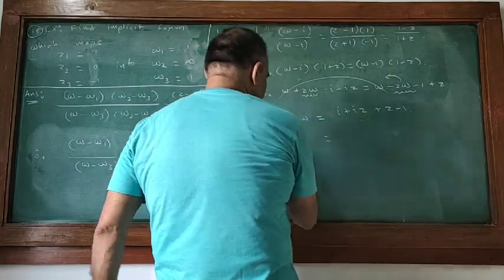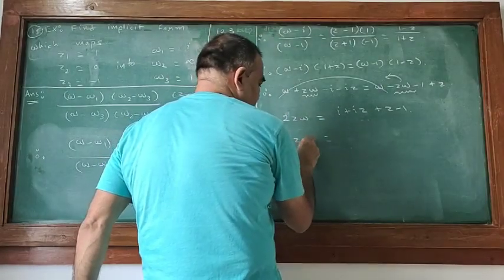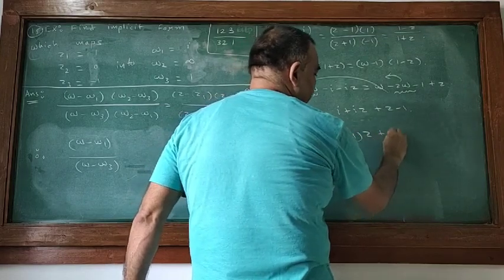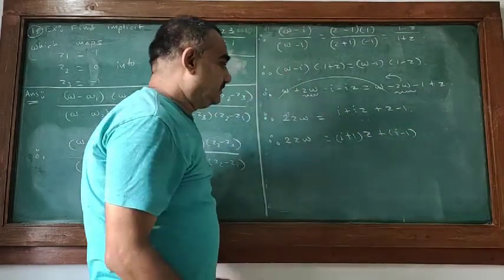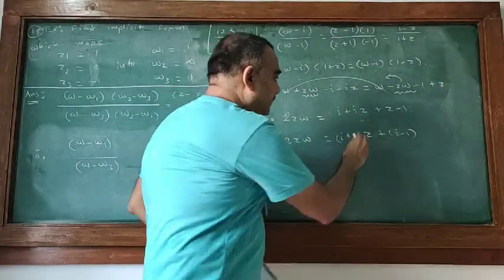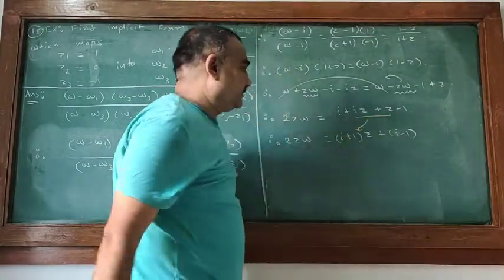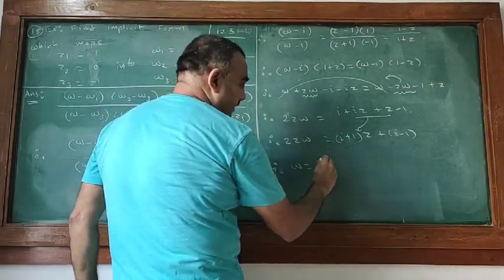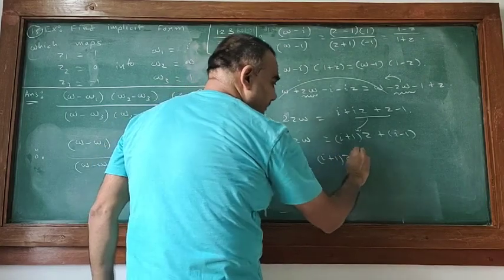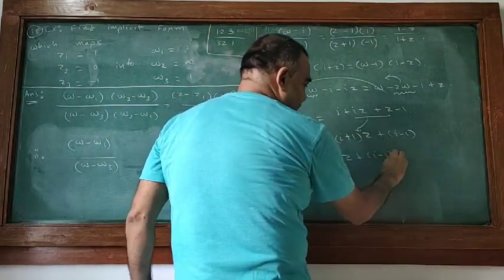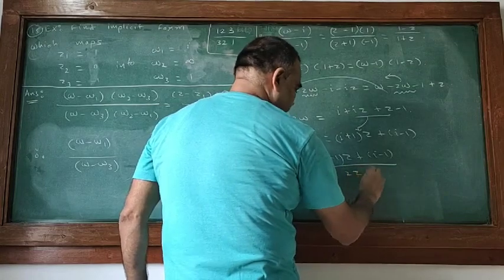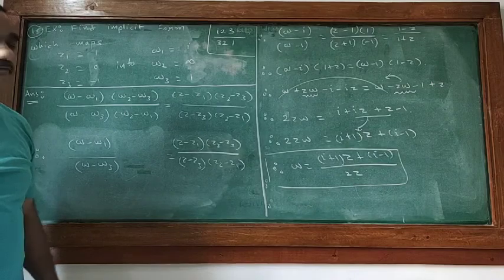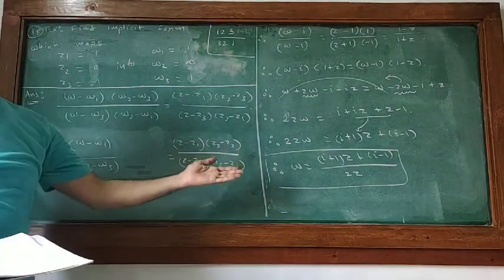This is equal to i plus 1 z plus i minus 1. This term is here, and therefore omega is (i plus 1)z plus (i minus 1) upon 2z. We get our answer.